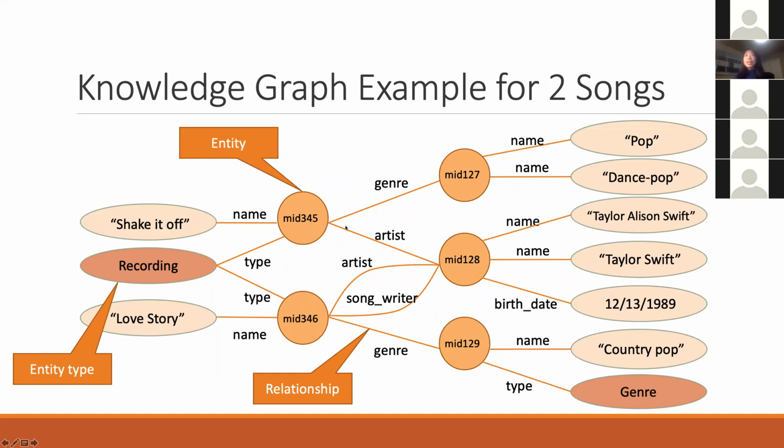And each edge represents the relationship between two entities. For example, here is a recording entity, and it is related to this entity, which is a genre, and also related to this entity, which is a person. And the relationship here is artist, and the person has name Taylor Swift, Taylor Allison Swift, and we see the date of birth.